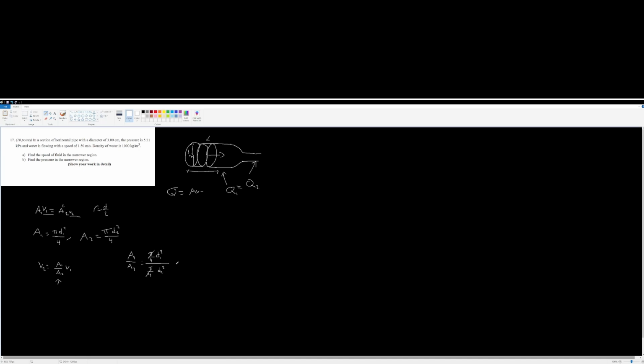These pi over 4's cancel, and this equals d1 over d2 all squared. So that's what A1 over A2 equals. So we have V2 equals d1 over d2 squared times V1.